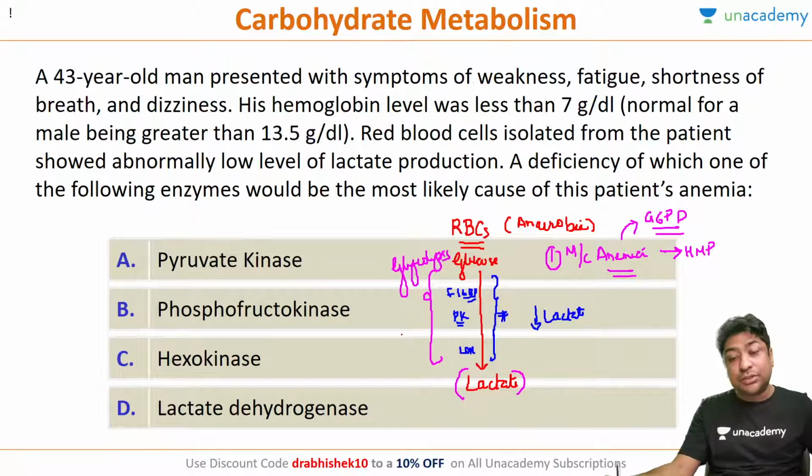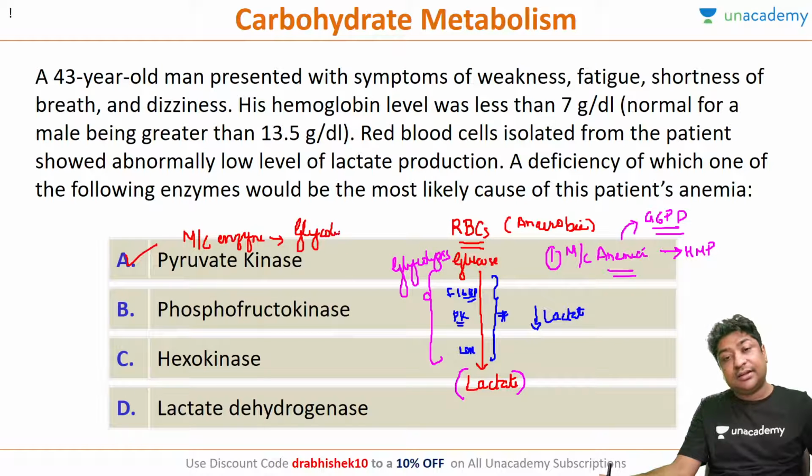And remember, the most common is this. The second most common enzyme which is deficient is pyruvate kinase. Pyruvate kinase is the most common enzyme which is deficient in your glycolysis, and it is also the second most common enzyme defect leading to hemolytic anemia.